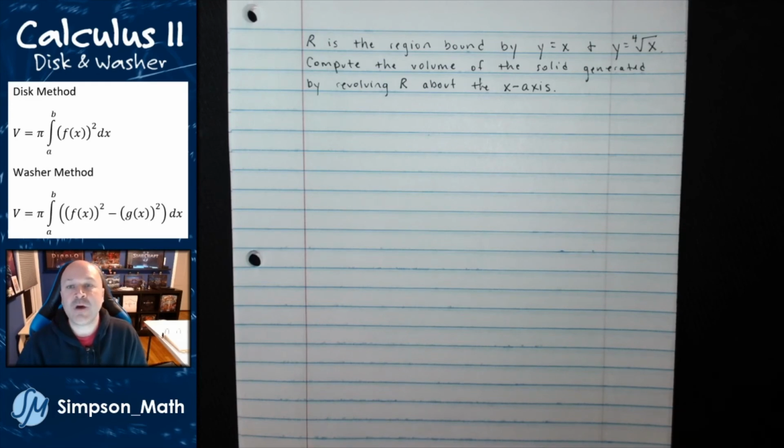I'm going to compute the volume of that solid generated by revolving that region about the x-axis. Okay, sounds good. First things first, I need to get a picture of this region.